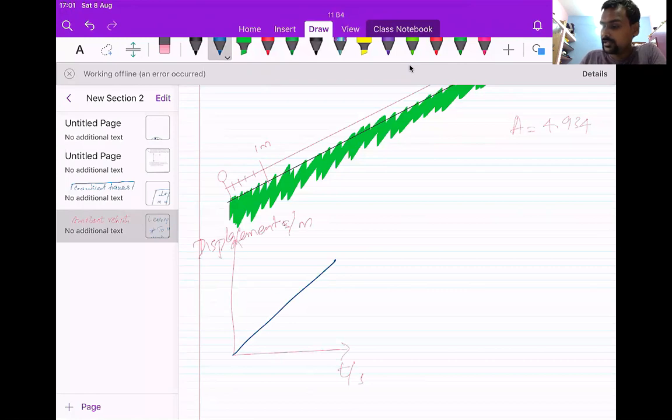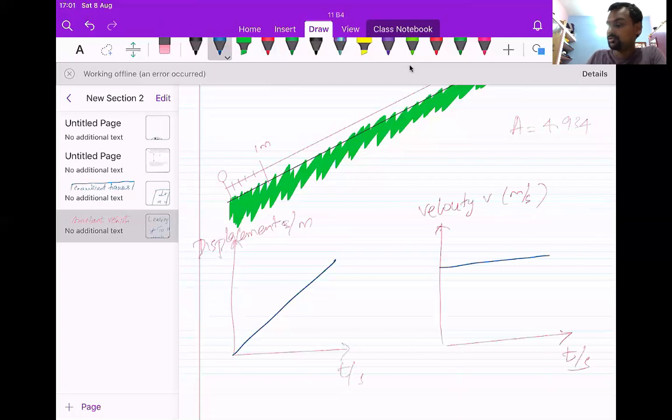And the corresponding velocity time graph is going to look like this. Velocity v in meter per second, it's going to look like this, because if you remember I told you this is about constant velocity, which means the velocity is the same with respect to time.